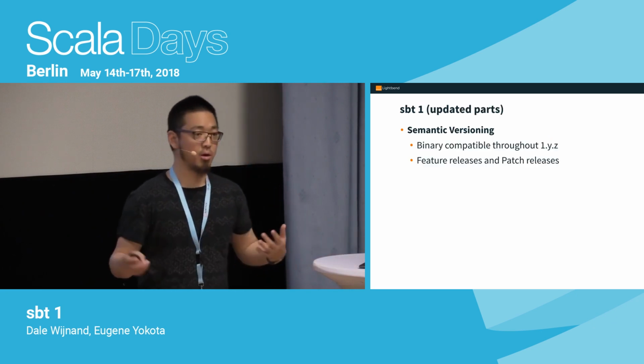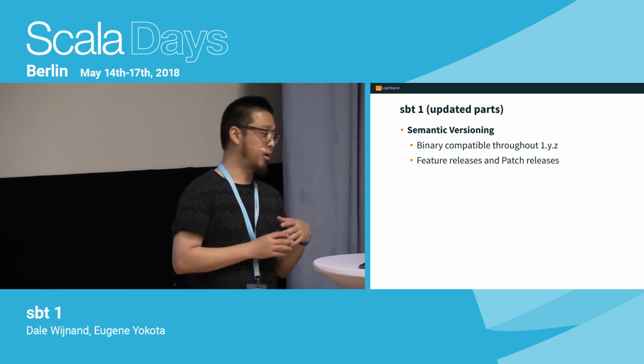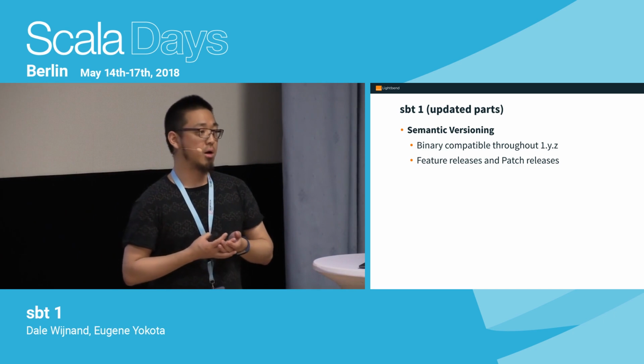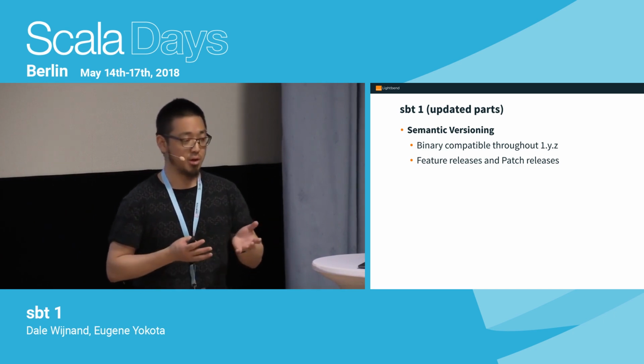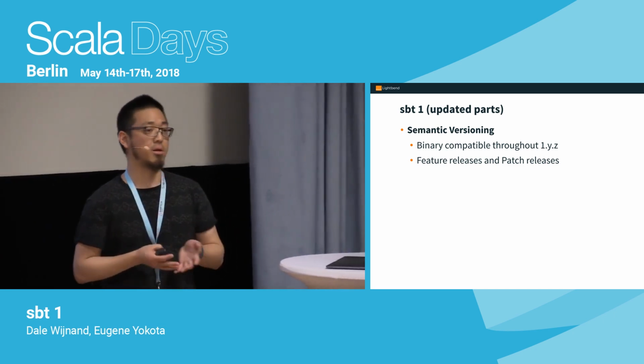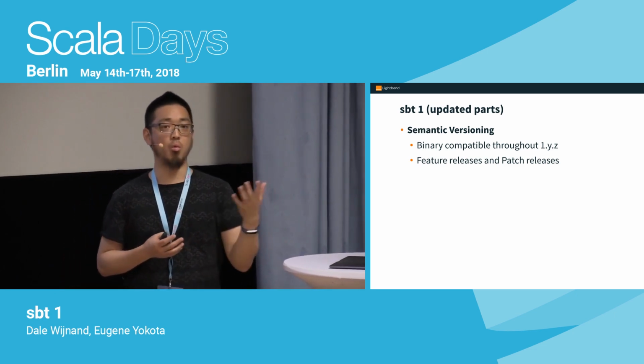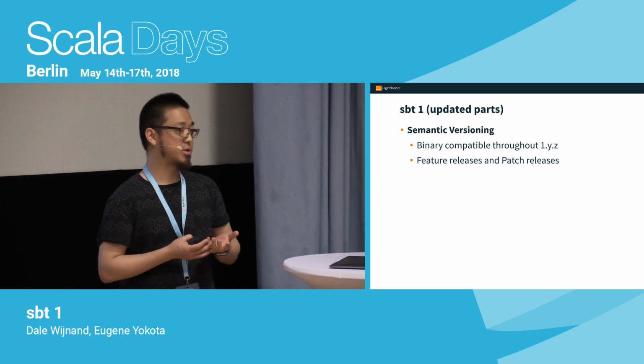So I'm going to quickly go into some of the parts. First, this is not exactly a part thing, but it comes up frequently: sbt 1 is semantically versioned. So there is sbt 1.1.5 that was recently released.